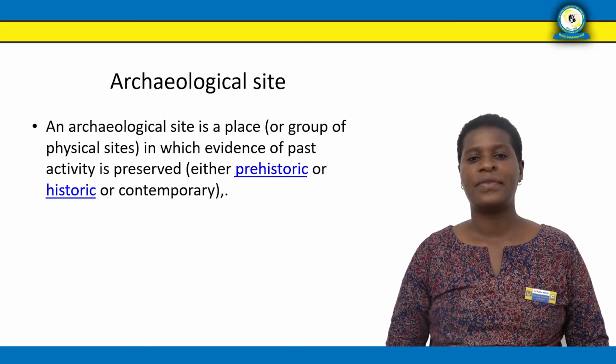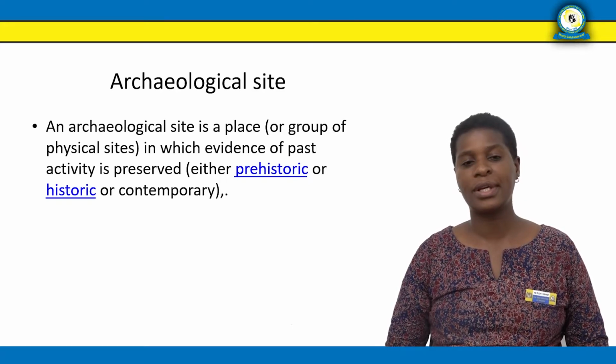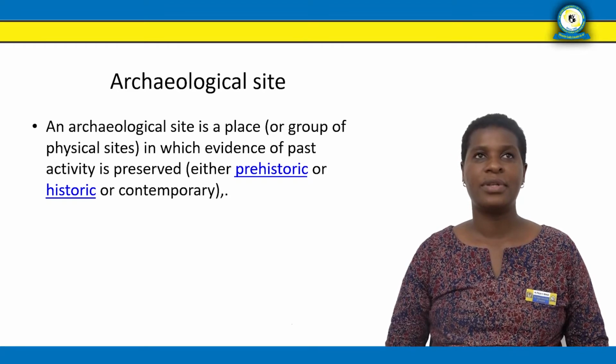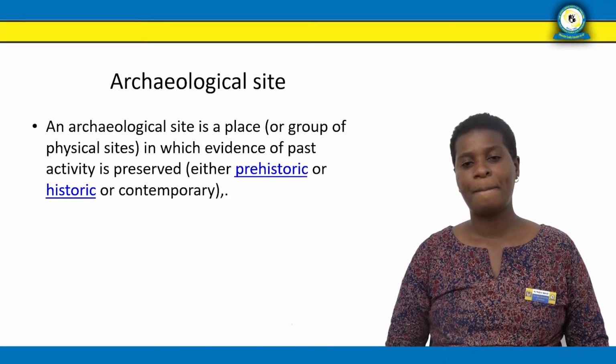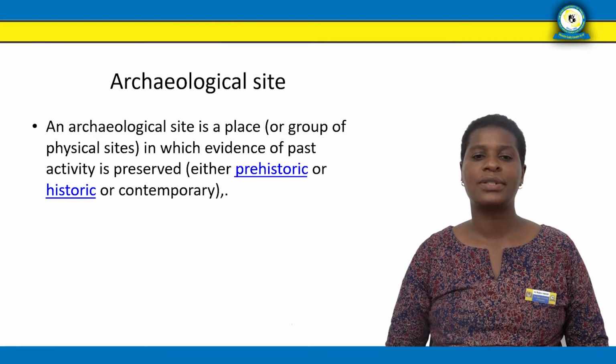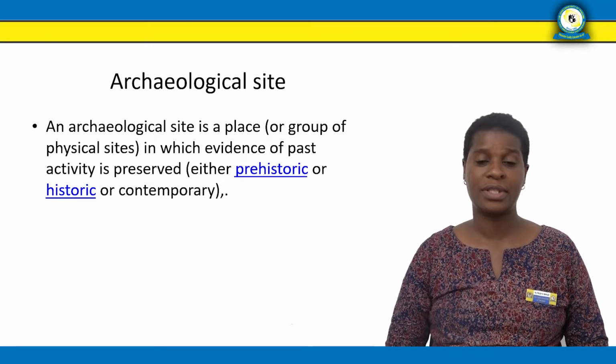And that site can either be prehistoric, it can be historic, and it can even be a contemporary site. So simply you can say an archaeological site is a place in which evidence of past activities is preserved.